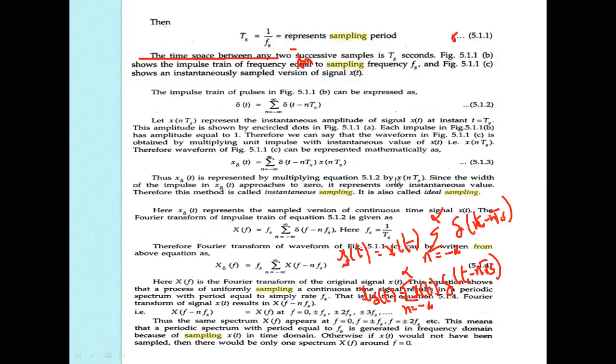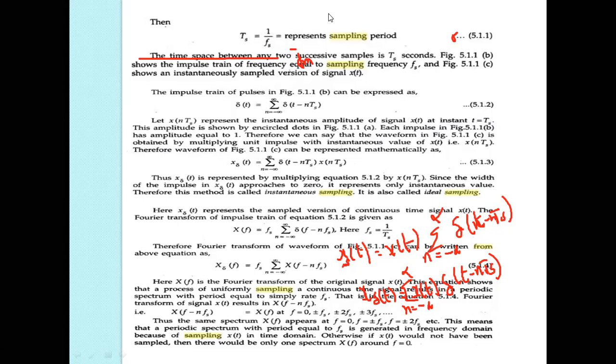This is represented by multiplying the equation by x of n Ts, since the width of the impulse approaches 0. You can keep the continuous time signal x of t at the instant t equal to n Ts.